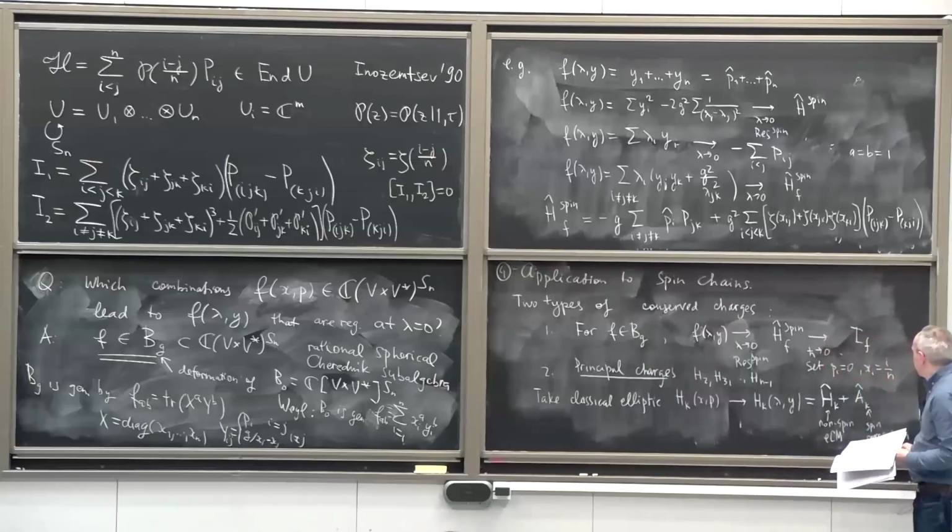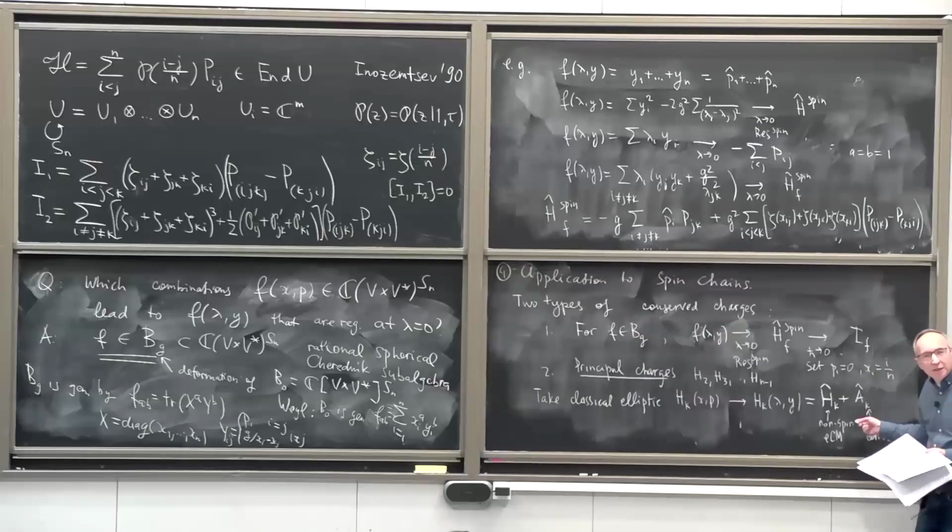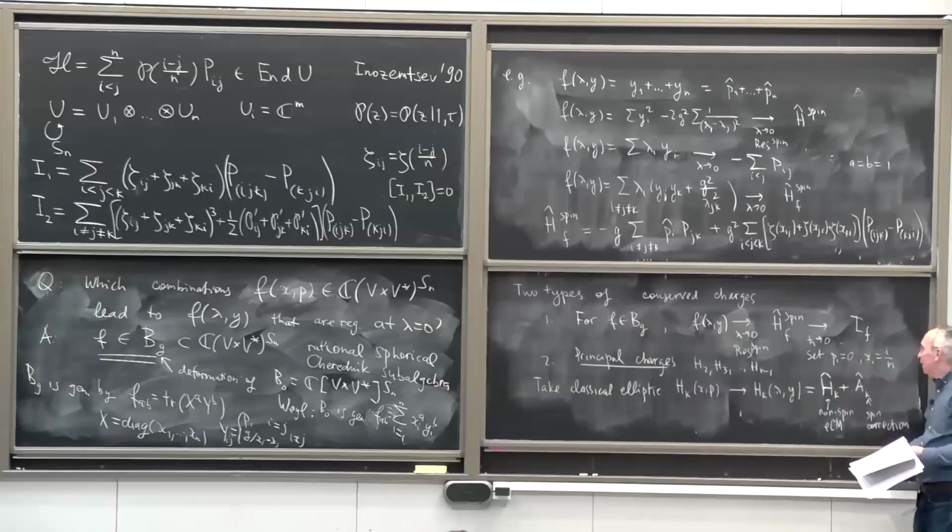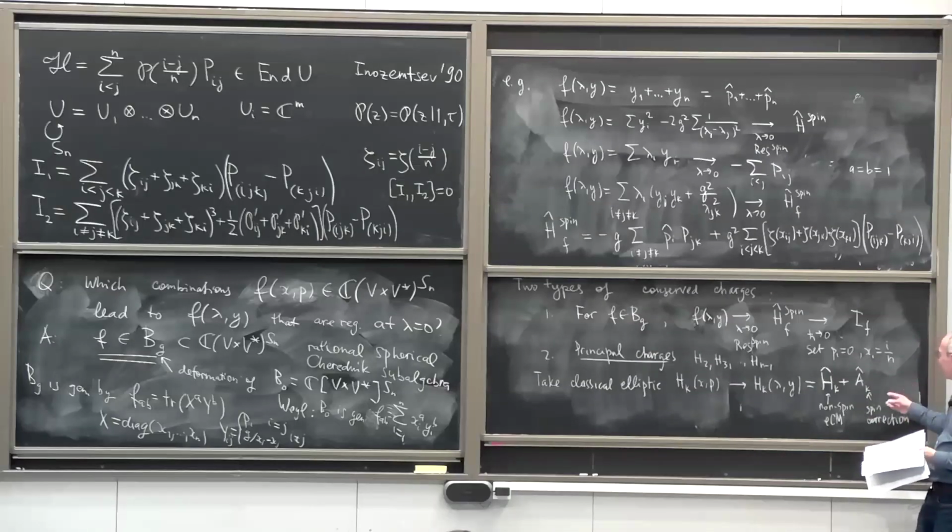Splitting like that is obvious. You can always just take this and put everything else in the second summand. The non-trivial claim is that this correction vanishes in the classical limit. So this correction is purely quantum.